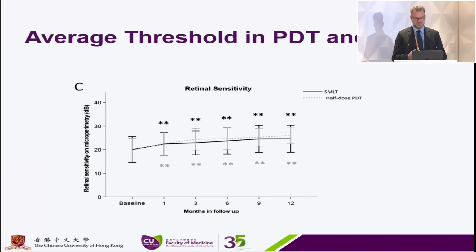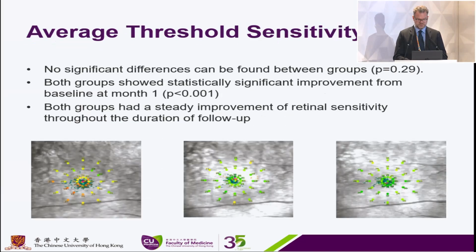There is a good improvement in retinal sensitivity in both treatment groups, and again, no statistical significant difference at any time point between the two treatment arms. Here's just an example of the microperimetry results showing the improvement in retinal sensitivity after micropulse laser, for example.